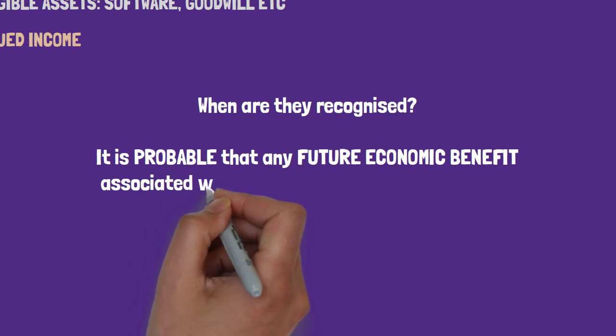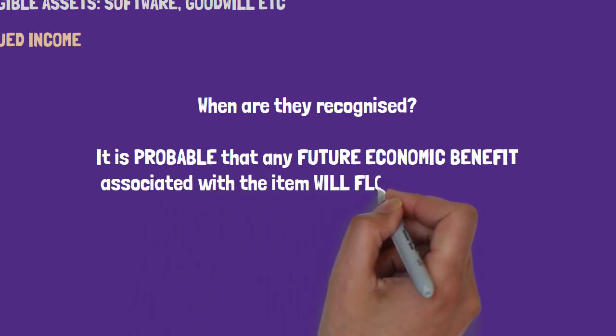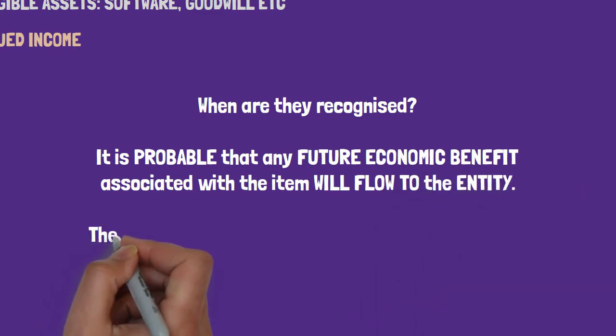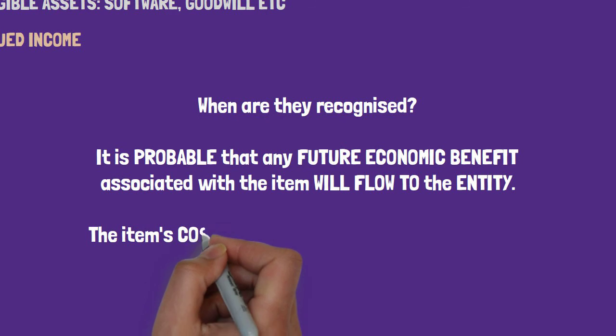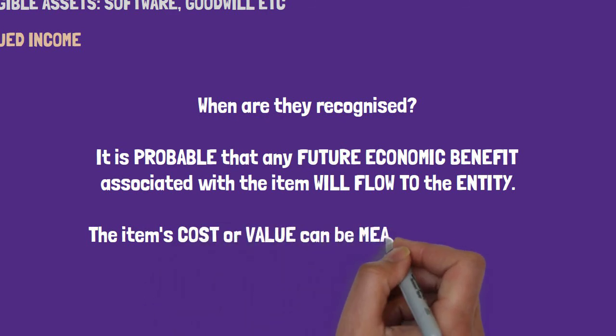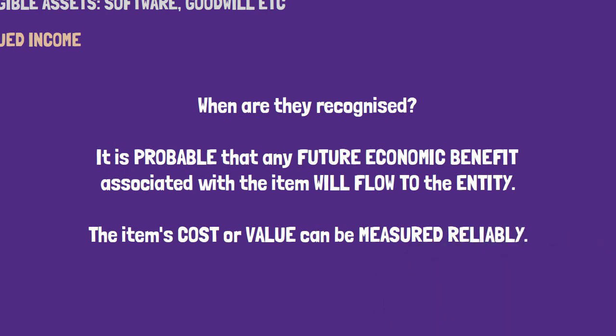But secondly, an asset should only be recognized when it is probable that any future economic benefits associated with the item will flow into the entity. Okay, so when we're expecting money to come in, when it is probable that that will occur, that is the point in time in which we can recognize the asset.